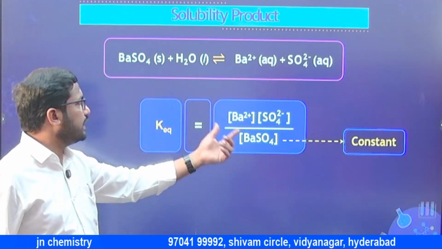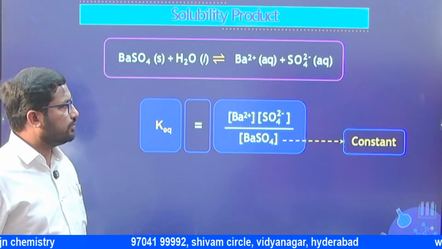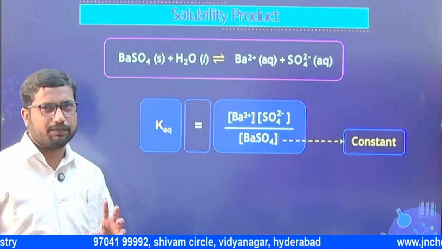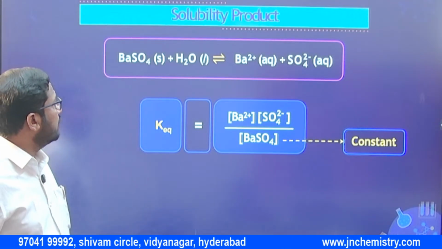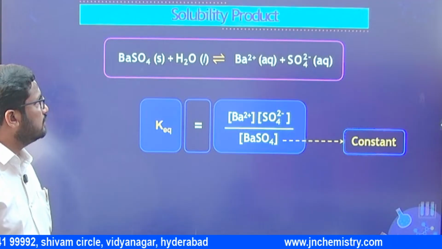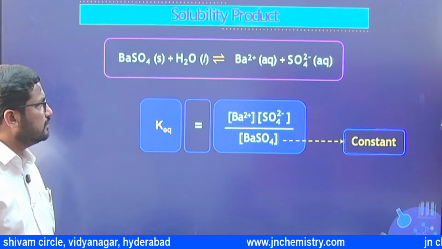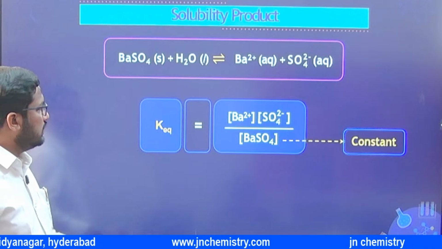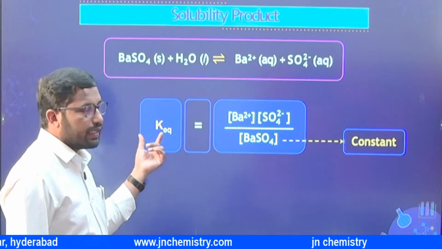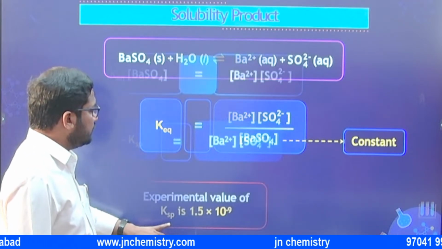How can we write K equilibrium? Ba2 plus concentration times SO4 2 minus concentration by BaSO4. K equilibrium is a constant because these are sparingly soluble salts. Write it down.